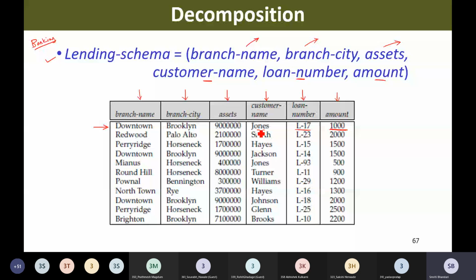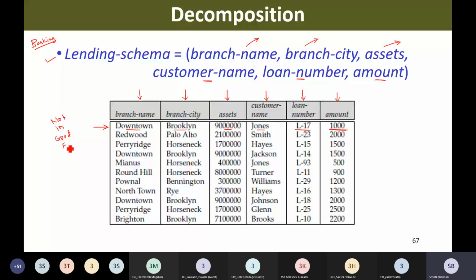Right? Now, this schema is not in good form, and we would like to decompose it. So we want to split this relation into two relations.